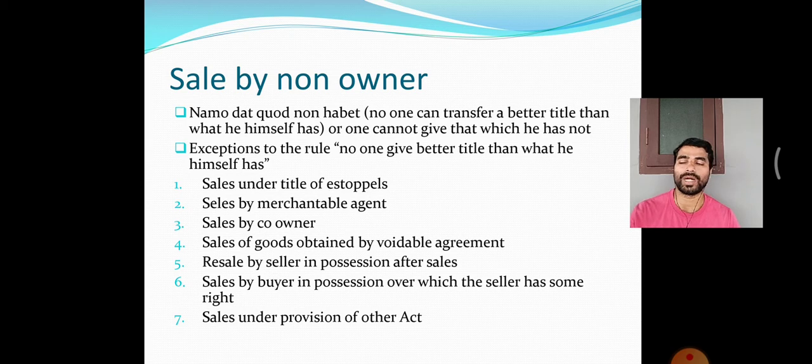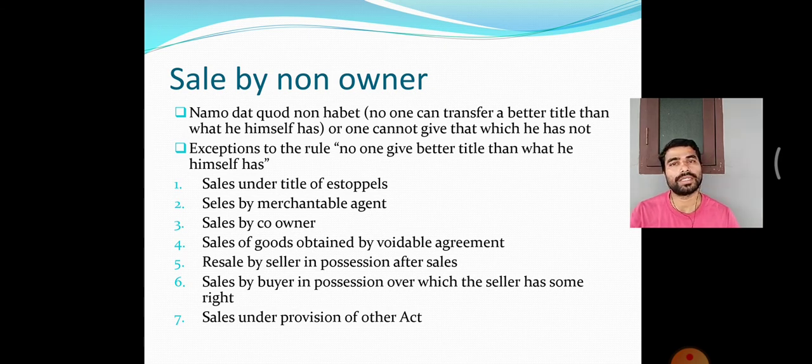Say one person, suppose Mr. A purchased a land by coercion or undue influence, or a car. Let us discuss a car, because land will not come under the purview of the Sale of Goods Act, because it's not movable goods. So suppose a person purchased a car by undue influence, and he sold this car to a third person, Mr. C. Then this contract between A and B is a voidable agreement, and C purchased it in good faith.